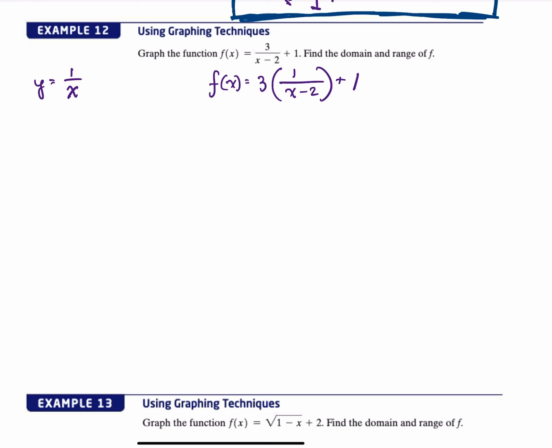So even without looking at it, what's happening to this graph? Well, something's being added on the outside. So that's a vertical shift. It's positive, so it's going to go up 1 unit. Something is being subtracted from x inside the function. So that's horizontal, and since it's a minus, it will go to the right 1 unit.